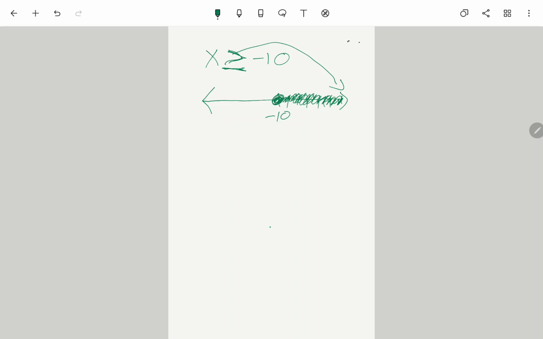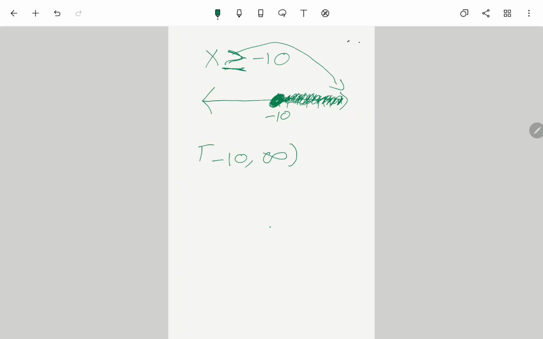So it's here, closed circle, then go to infinity. So which number is the first one? Negative 10. What point is the last one? Infinity, parentheses.